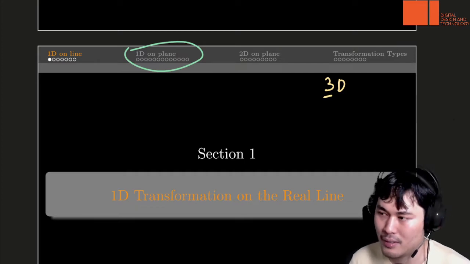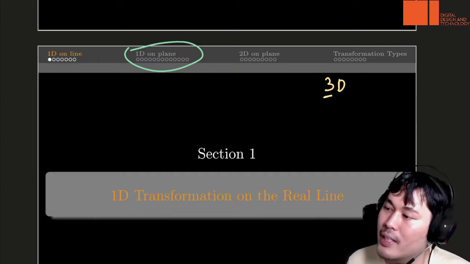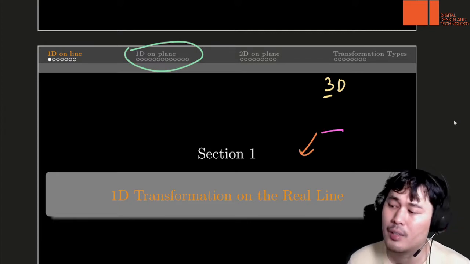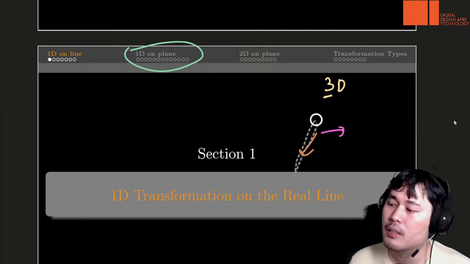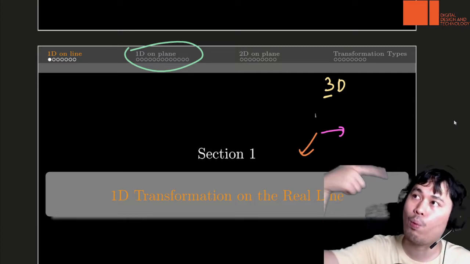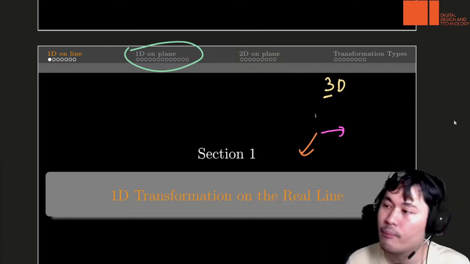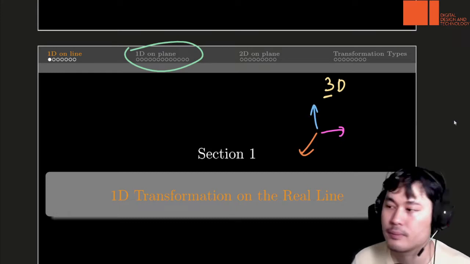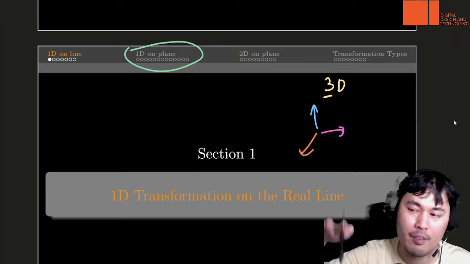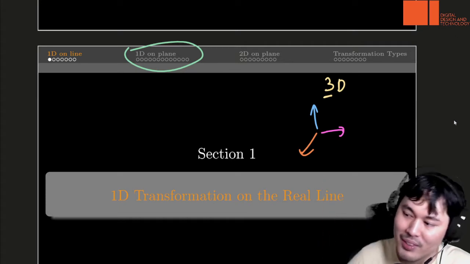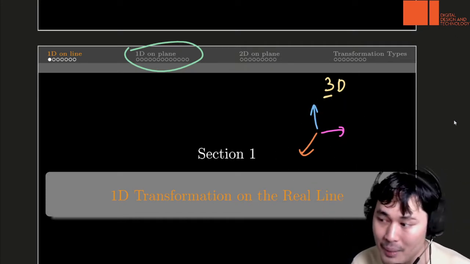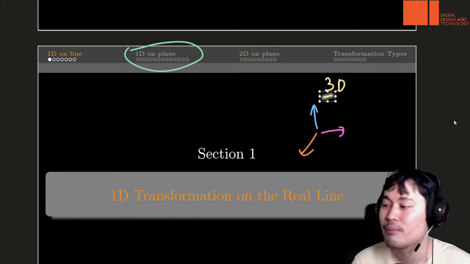Three means the degrees of freedom: the directions we can move without conflicting with each other. You can walk forward or backward, you can move to the left or to the right, and you can go up and down, if you have a plane or a way to move in that direction against gravity. That's what it means for three dimensions.